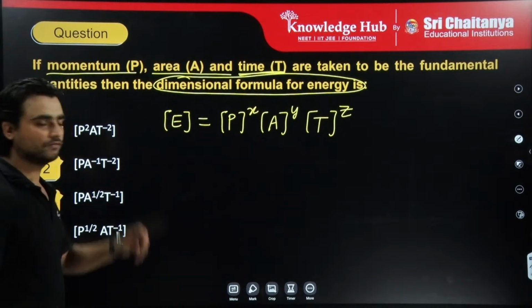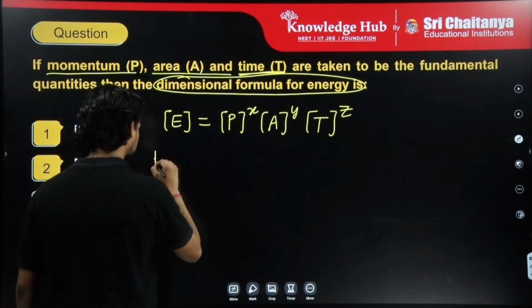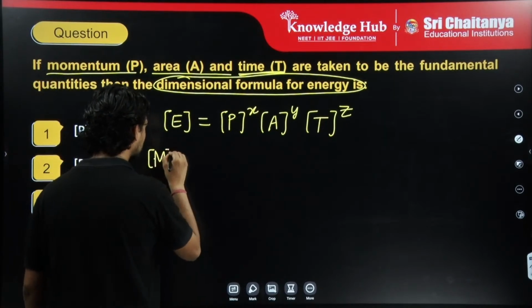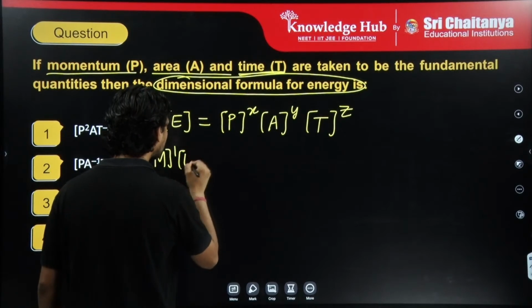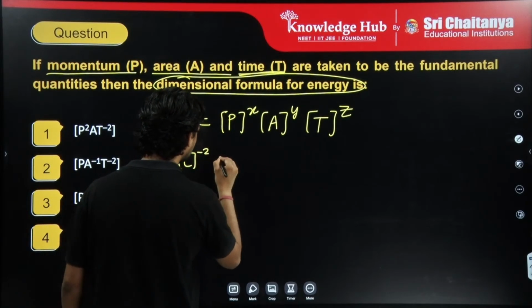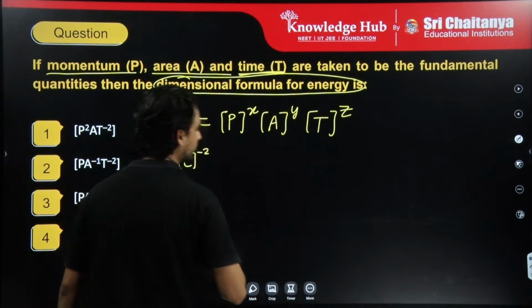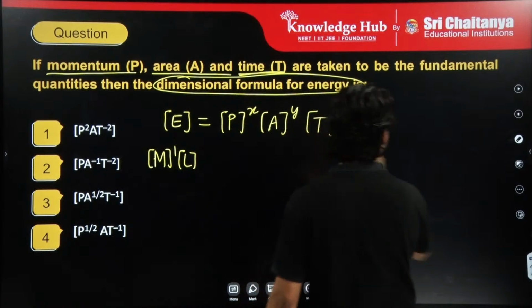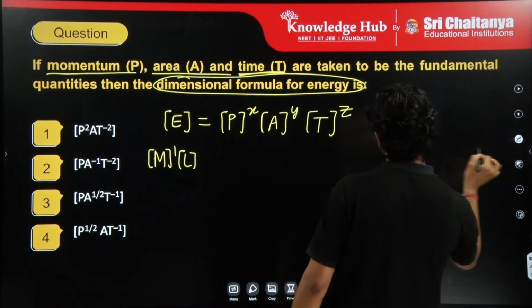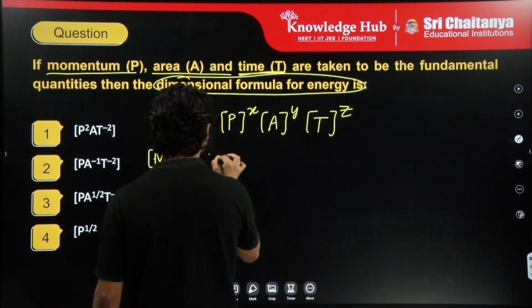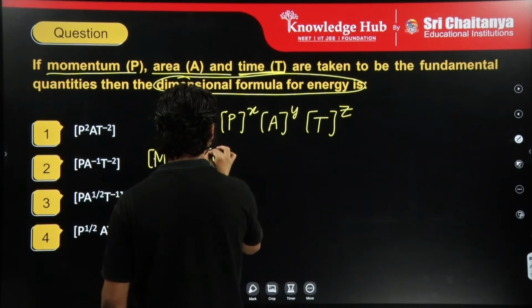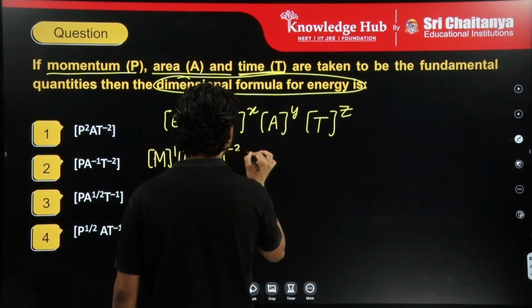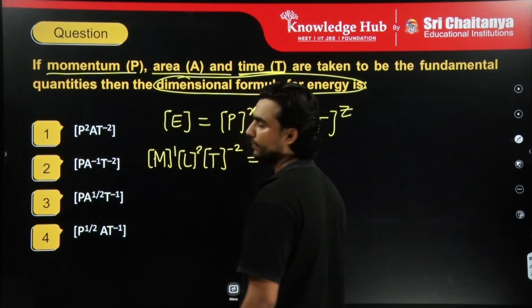Now what is the dimensional formula for energy? Energy is M raised to 1, L raised to 2 and T raised to minus 2. This will give me, now what is momentum?